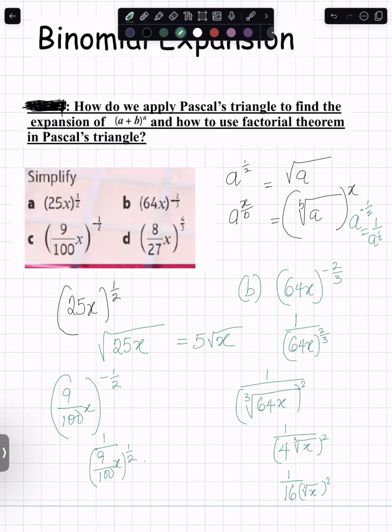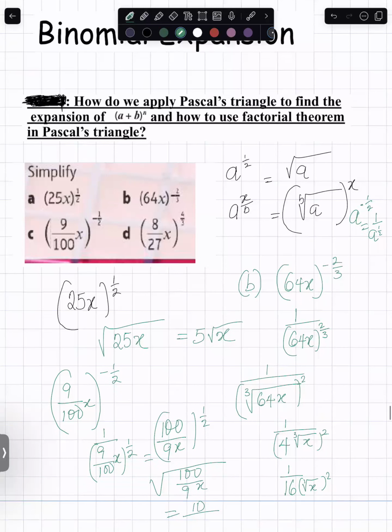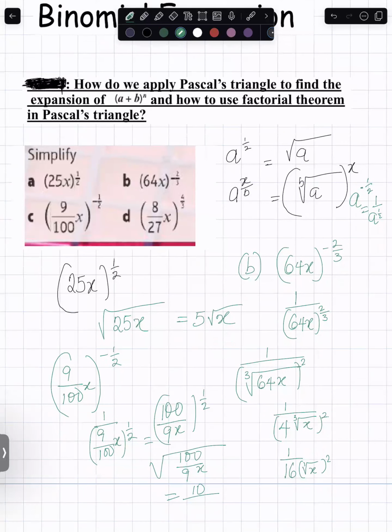I'll just switch it, the 100 goes up, and we are left with 9x raised to half. So we have the square root of 100 divided by 9x. The square root of 100 is 10, and the square root of 9 is 3. So we have 10 over 3 root x.